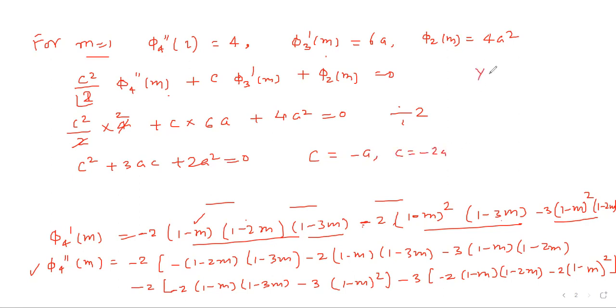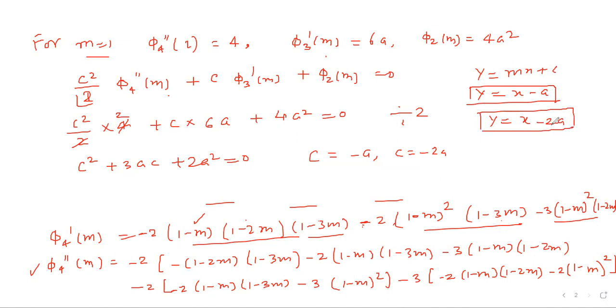So asymptotes will be y equal to mx plus c for value of m equal to 1, first value. So this is x and c is minus a. Similarly, this is one asymptote and second asymptote will be y equal to m, m is again 1, so x, but c will be minus 2a. So these are two asymptotes corresponding to m equal to 1.